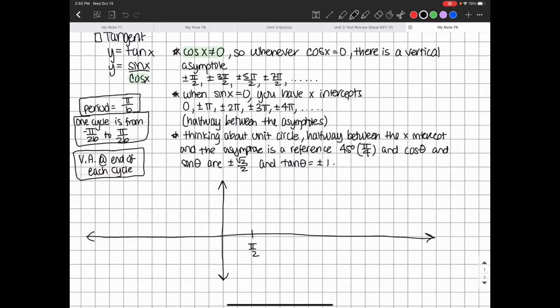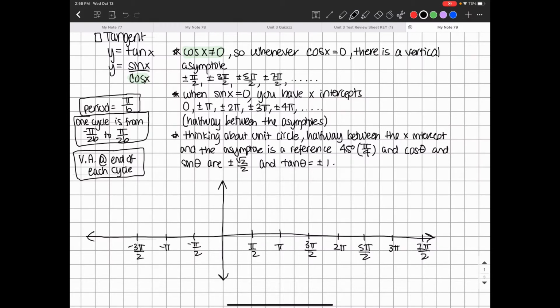This will be pi. This will be 3 pi over 2. This will be 2 pi. This will be 5 pi over 2. 3 pi, and then 7 pi over 2, etc. This is negative pi over 2. This is negative pi. This is negative 3 pi over 2.